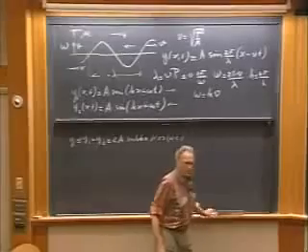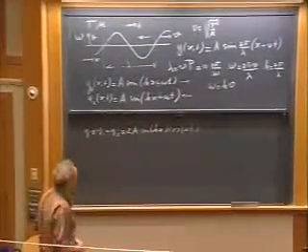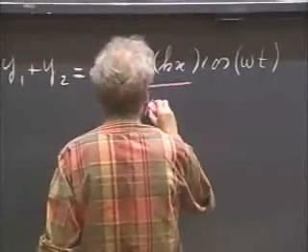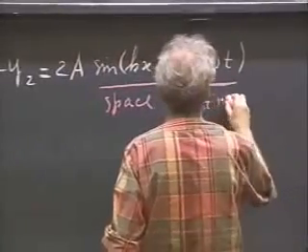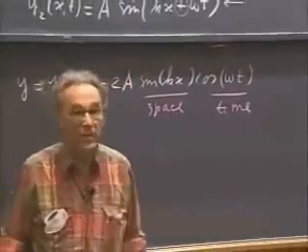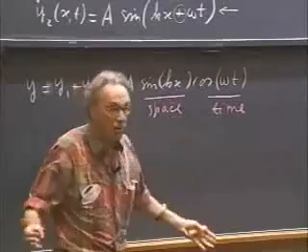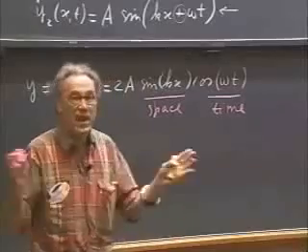And this now is a very unusual wave. All the spatial information is here, and all the time information is here. And so whenever this sine is 0, if the x is such that the sine is 0, that's tough luck, then that location x never moves.